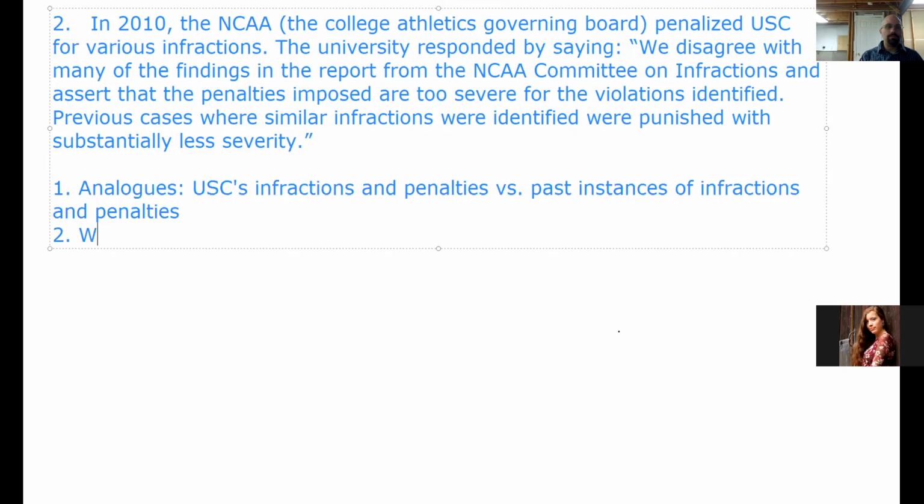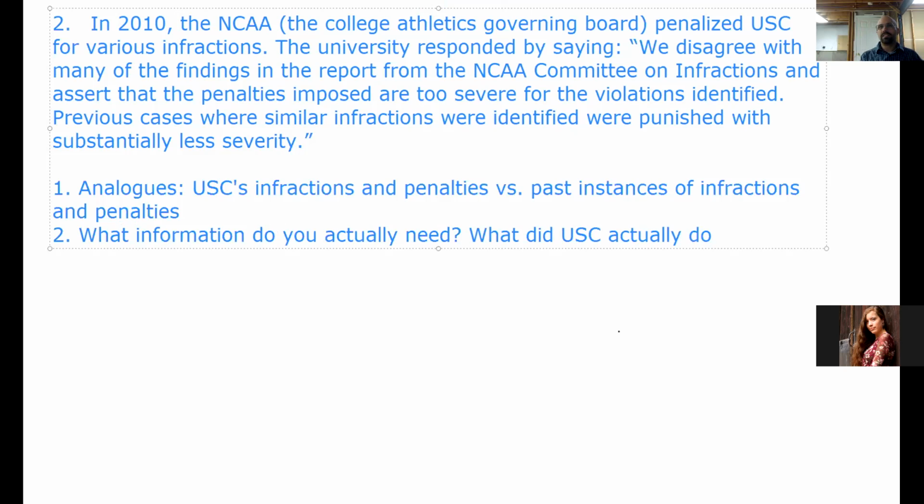What information would be helpful? Well, you'd need to know what USC actually did and what penalty they received. You'd need to know what these other past infractions were.